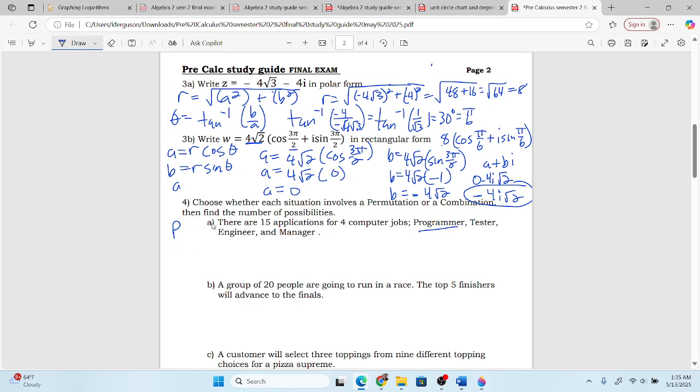And the formula for a permutation was, okay, come on, first, let's remember this. What was it? Darn it.